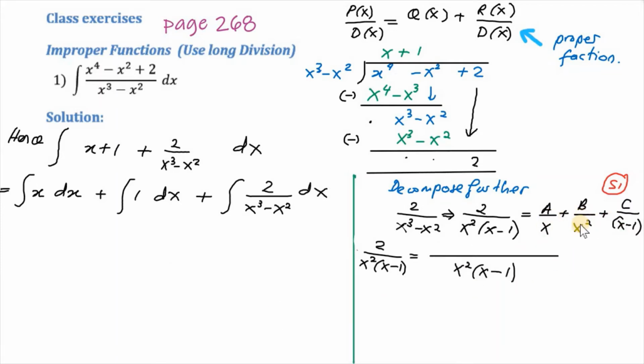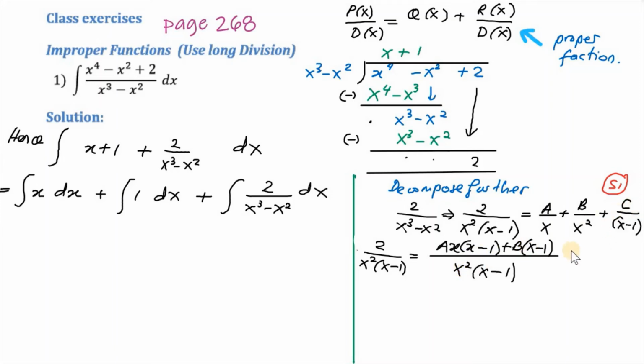So over here, for a over x, we need a times x, and x minus 1 as well. Let's check back: as we cut, we get back a over x. Correct. And for this b over x squared, we need b times x minus 1. Let's check back: cut x minus 1, we get back b over x squared.